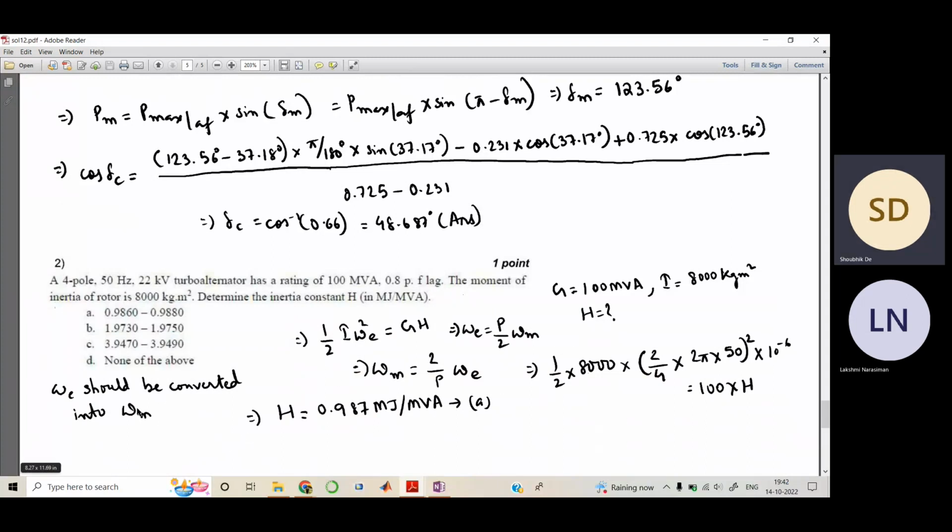So we convert omega e into omega m, where omega e is P by 2 into omega m, and P is the number of poles of the rotating machine. We have been told that P is equal to 4, so we can calculate omega m. Now we substitute this, and H comes out to be 0.987 megajoule per MVA, which is option A. So this was problem number 2. I hope this was also clear.